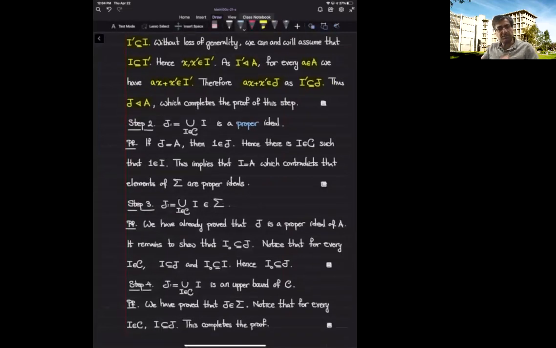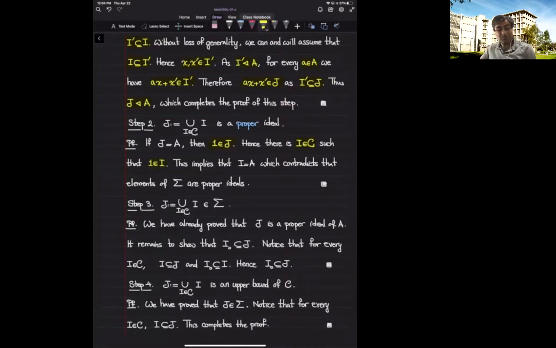Suppose it's not proper, then 1 belongs to this ideal. This means 1 should belong to the union of these ideals. That means for some ideal inside this chain, 1 belongs to this ideal.